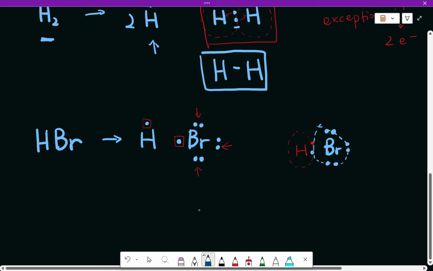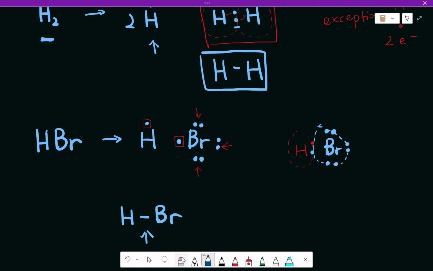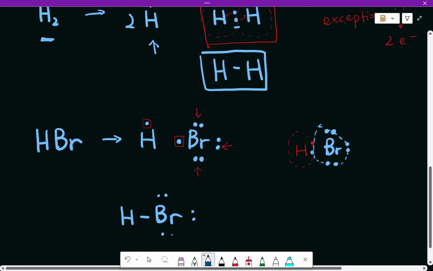And we're going to draw the structural Lewis diagram as H dash bromine because there's a covalent bond of 2 electrons that's being shared in between these two atoms. And sometimes we're required to draw the lone pairs as well.